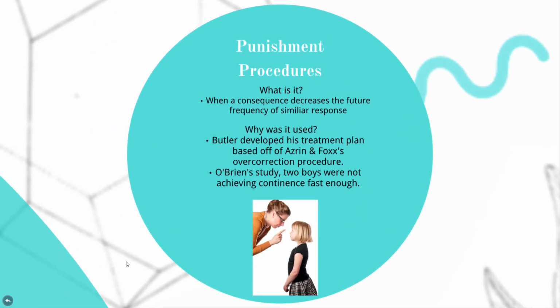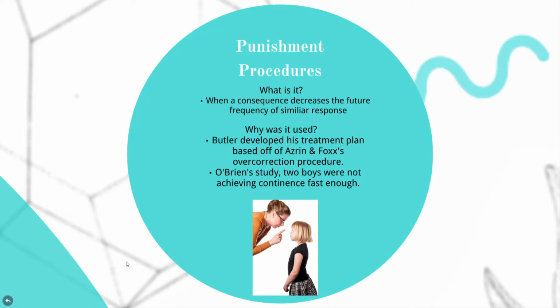The first one I'm going to go over is a punishment procedure. What is a punishment procedure? It is when a consequence decreases the future frequency of a similar response. So why was it used? Butler developed his treatment plan based off of Azrin and Fox's overcorrection procedure.